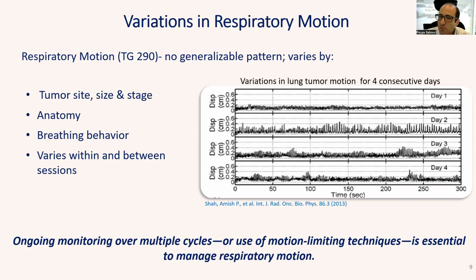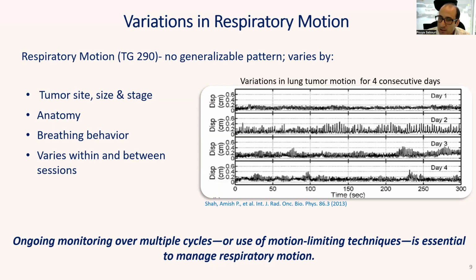I've reproduced a figure here from Shaw, which shows electromagnetic tracking data of lung tumor motion collected over 4 consecutive treatment sessions. And electromagnetic transponders offer one of the most precise methods for real-time tumor tracking because they capture motion continuously and directly from inside or near the target. What's striking here in this figure is the degree of variability in the breathing pattern, not just between the fractions, but also within the individual fractions.